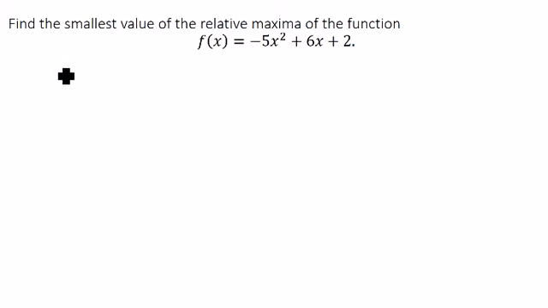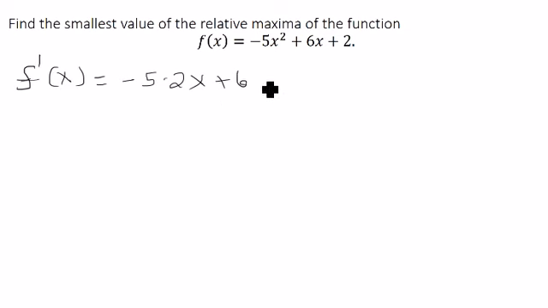To do that, we have to find the first derivative, and that's going to be f prime of x, the derivative of the right hand side function, which is negative 5 times 2x to the power 1, which is just x, plus 6.